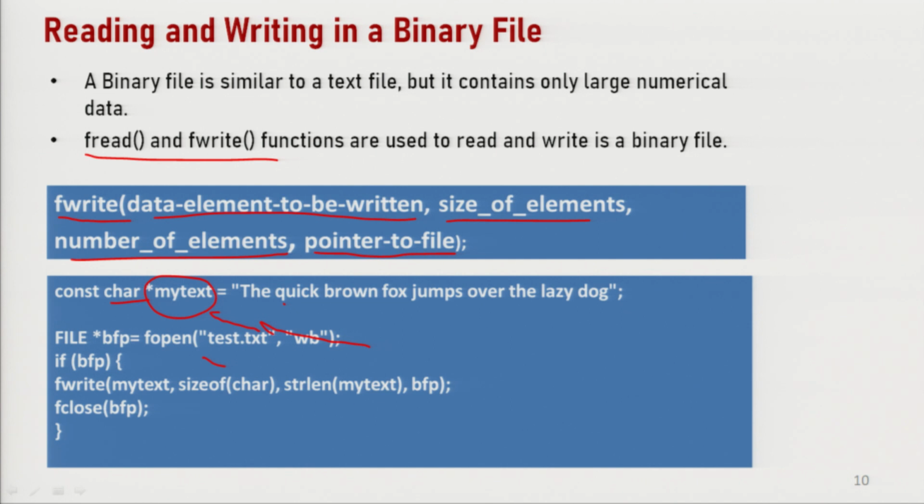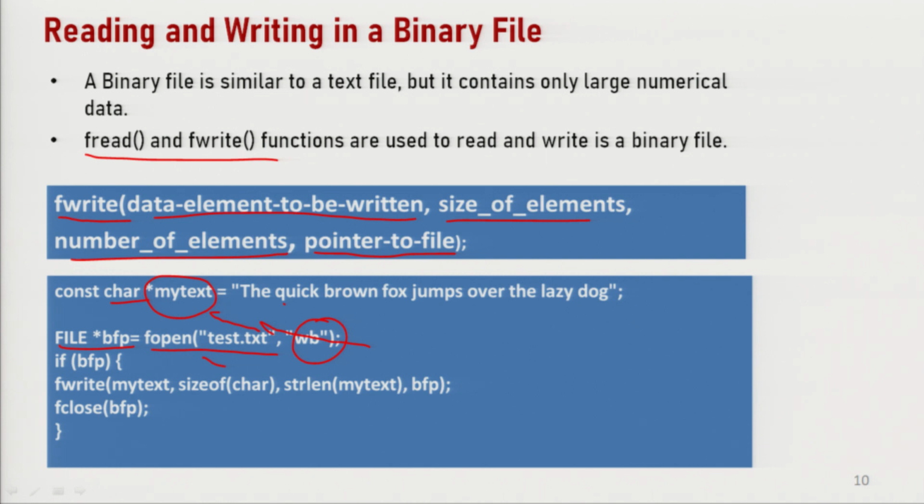So, we are declaring a constant character array pointer, and we want to write this sentence, this set of strings, into our binary file. Here we are declaring a file pointer, and we are also calling the fopen function. Since it is a binary file and we want to write something, the mode will be wb. Just see here.